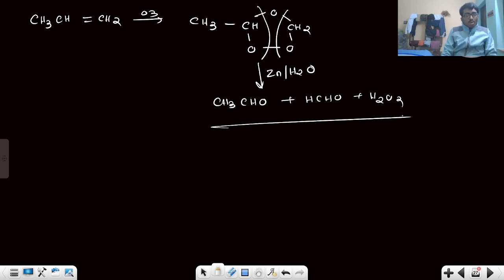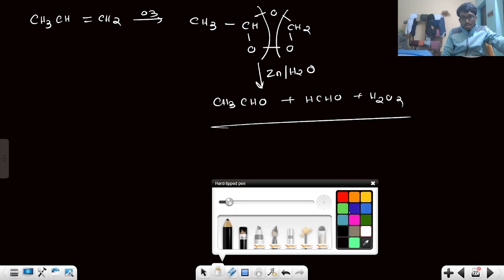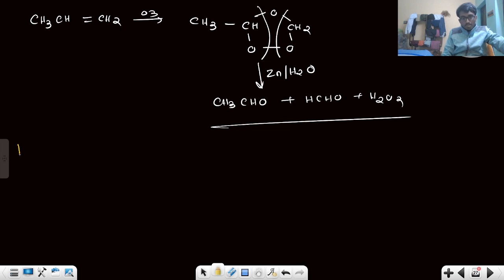You see, where has the oxygen come from? Oxygen has been coming from this position where the double bond was initially there. So let's put the two oxygen together and make a double bond. Like if the question is CH3CHO is given and HCHO is given, find the original compound. Back process if I have to go, then what will I do? Let me write here back process.